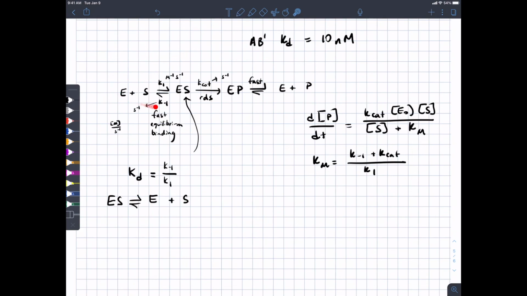Do you see how that might be the dissociation constant for the enzyme substrate complex? Sometimes people like to interpret Km as though it were Kd. I want you to compare those two equations and tell me in what situations I might be able to say that Km resembled this dissociation constant. What would have to be true for that to be the case?